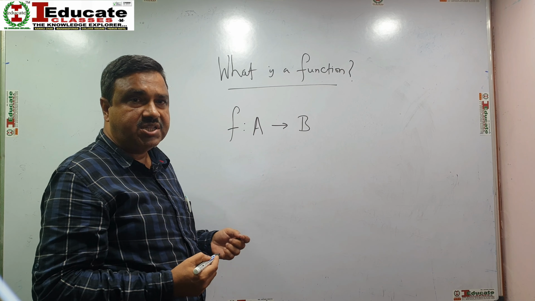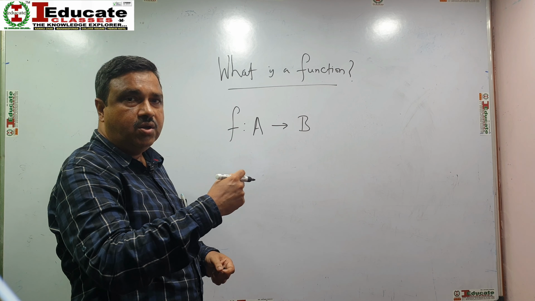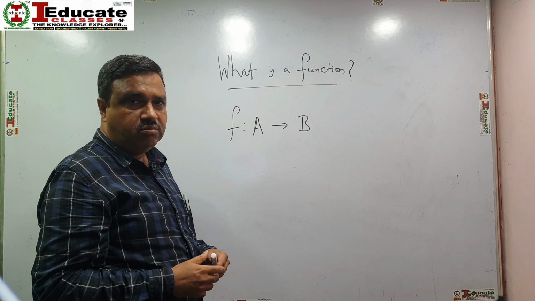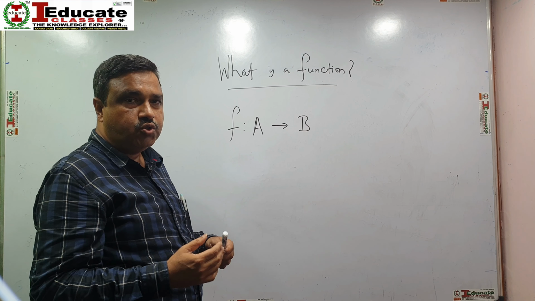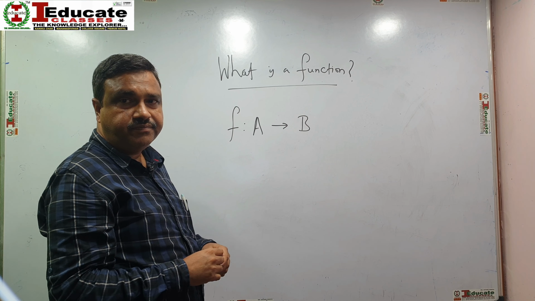So both are non-empty sets. We say f is a function from set A to set B which obeys some rules. So we will see what are those rules which must be satisfied so that we can call this a function.